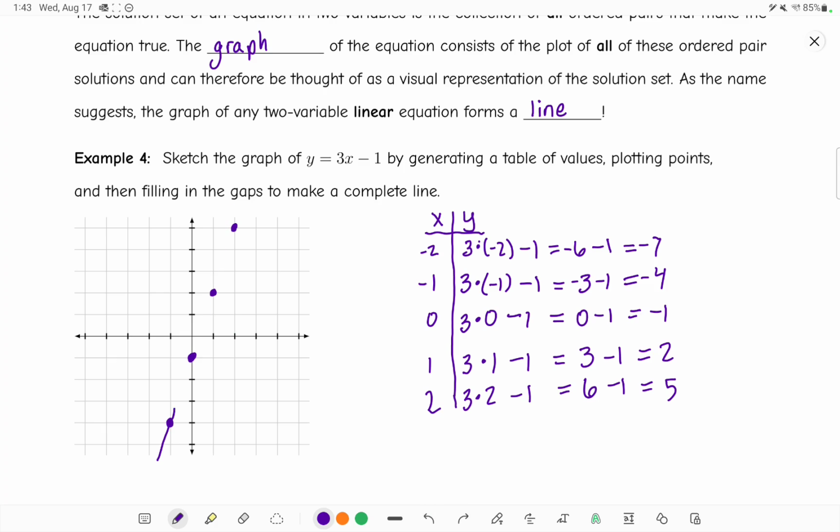Then you try to draw a straight line going through these, because that represents all the other solutions that we did not find. So notice, even though I couldn't plot the -2, -7, the other 4 points were sufficient.